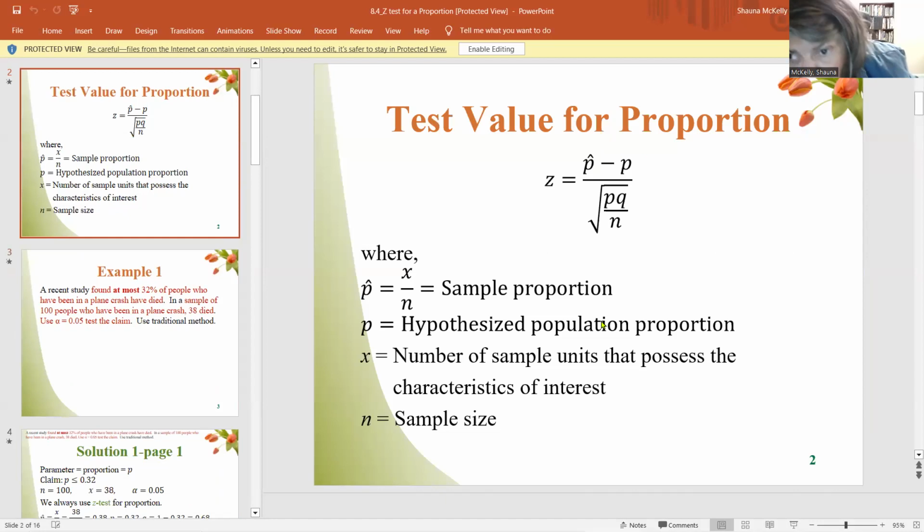This is the formula that we want. P hat is our sample proportion, the one that was 60 out of 110. P is your hypothesized proportion, the 0.545. This P and this Q repeat from where this denominator ended.